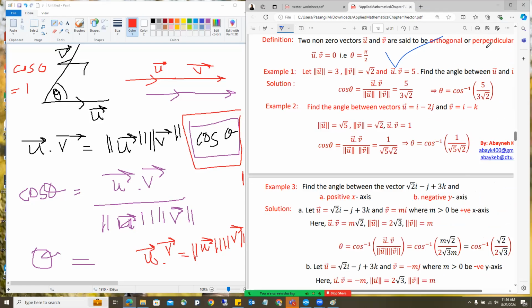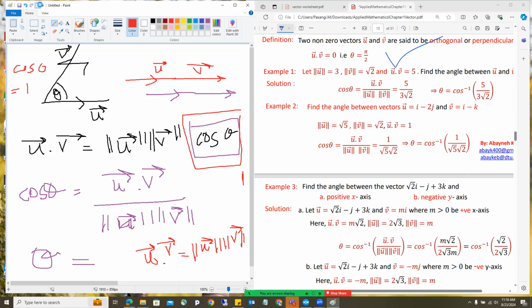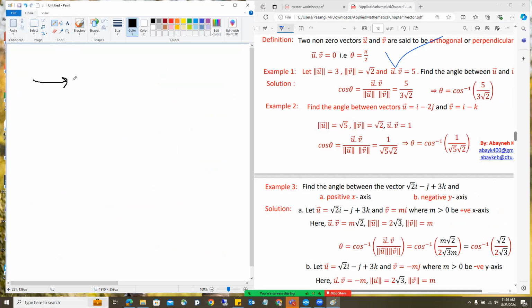Always keep it as a habit to draw the sketch. Here we have vector u, here we have vector v, and mark all the given details: the magnitude of u is 3, the magnitude of v is square root 2, and mark this theta angle, which we are going to find.